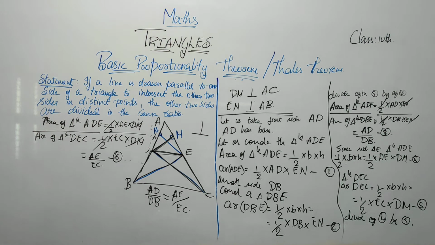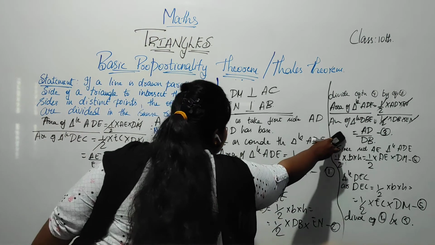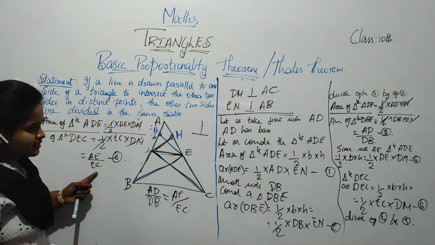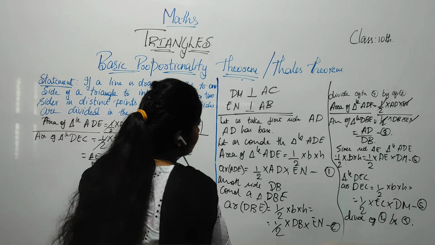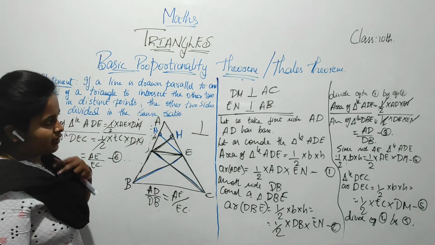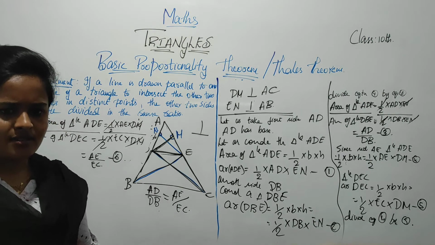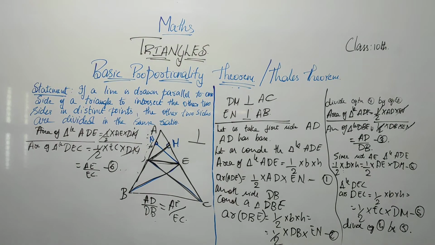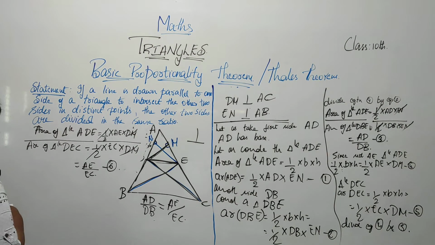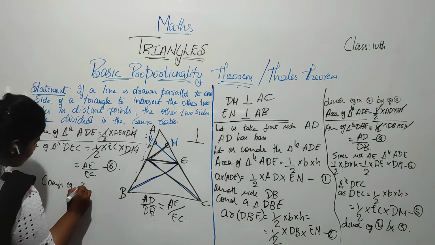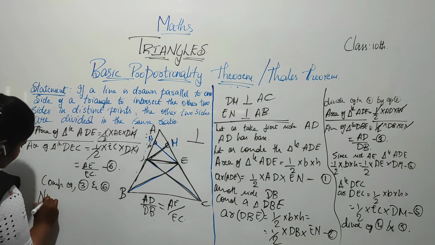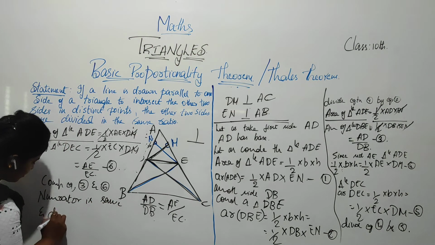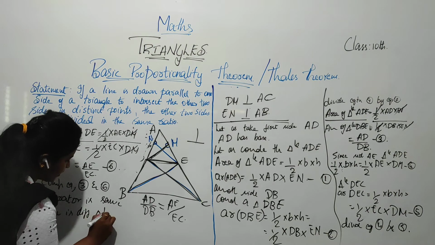So compare equation 3 and equation 6. We can see the numerator is the same, and the denominator is a different triangle.